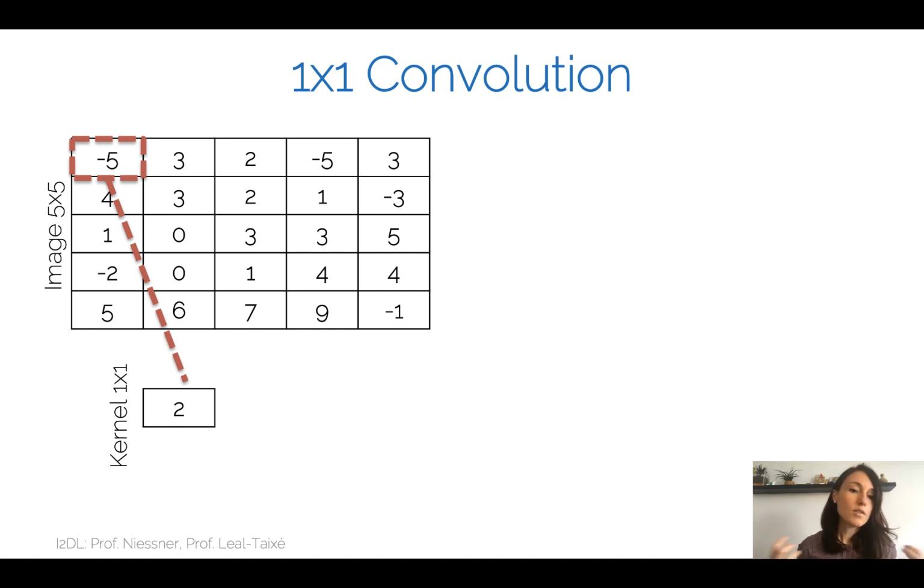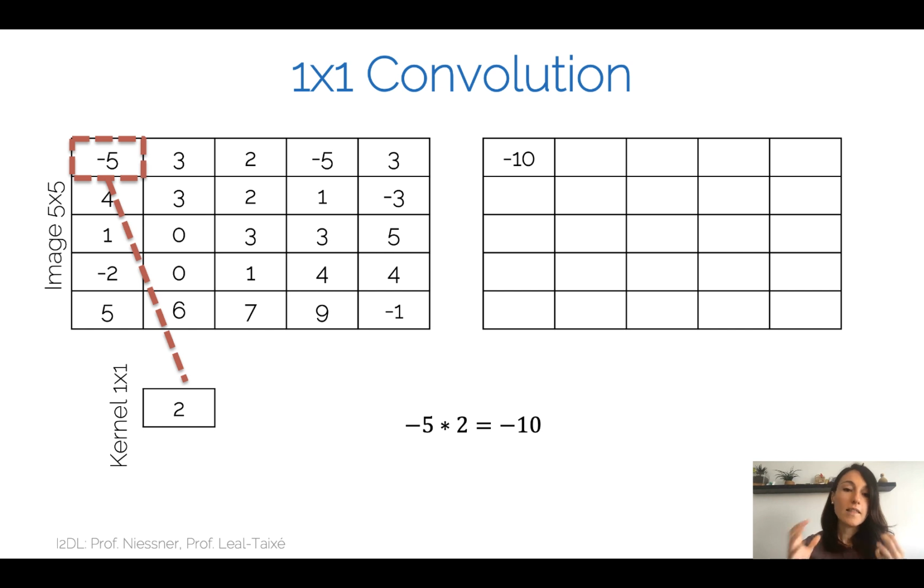And of course, now this kernel is very easy to apply to our image. And since the kernel is 1x1, we actually don't need any padding, and we're guaranteed to have an output which is going to be, you guessed it, a 5x5 output. And this 5x5 output is nothing else than a scaled version of the input. That is, you take all the numbers that form this 5x5 image, and you multiply them by the weight of the 1x1 kernel.